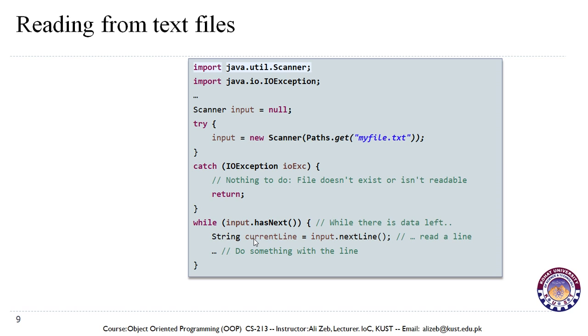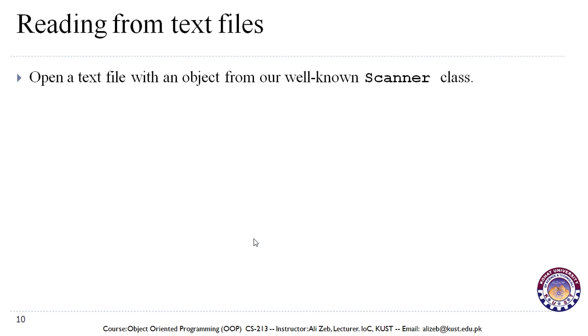We can print the text in our program, or we can extract some useful details from the text if you are working with files, and then you can close the file after you have read the data from the file.